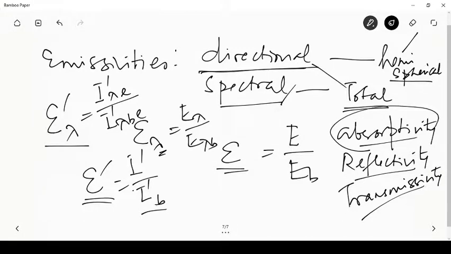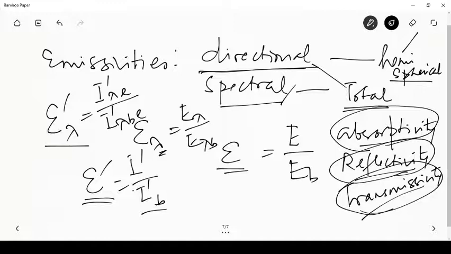The absorptivity is a fraction of the incident radiation that is absorbed, and that can be directional spectral, directional total, hemispherical spectral, hemispherical total. Similarly, reflectivity is the fraction of the amount of energy that came which gets reflected. Okay, so that can again be defined in the same way. And similarly, transmissivity is the fraction of the incident radiation that is transmitted through the medium, which can also be defined in the same fashion.